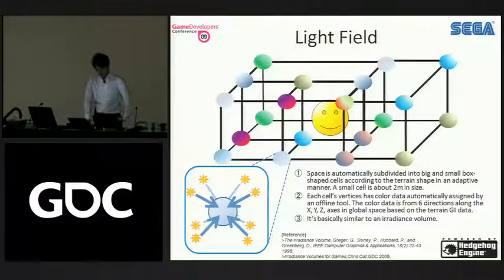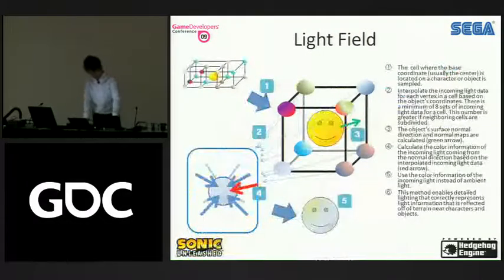Each cell's vertices have color GI information data that is automatically assigned by an offline tool, and the XYZ axes in GI global space provide light color data from 6 directions. And basically, this is pretty similar to what is called irradiance volume.